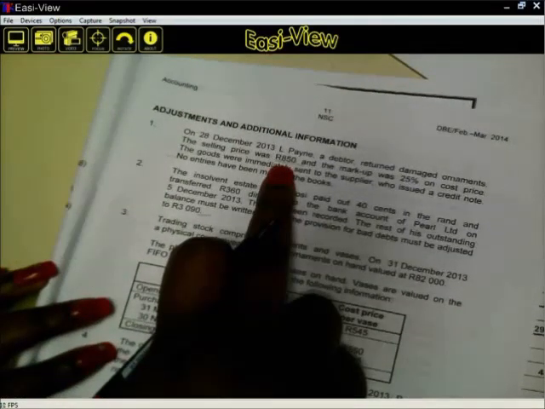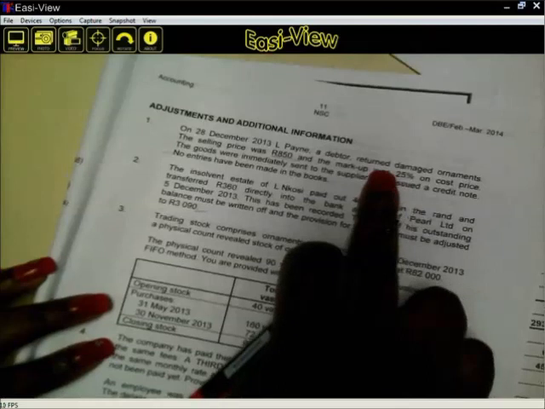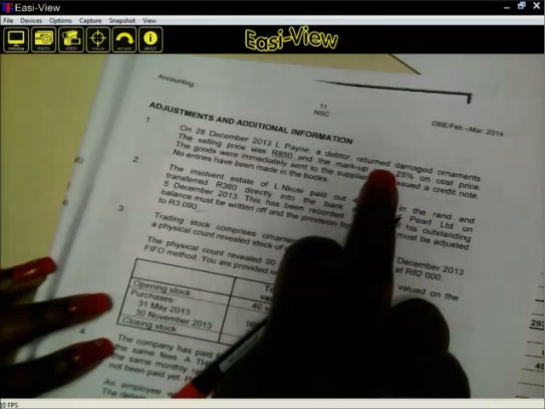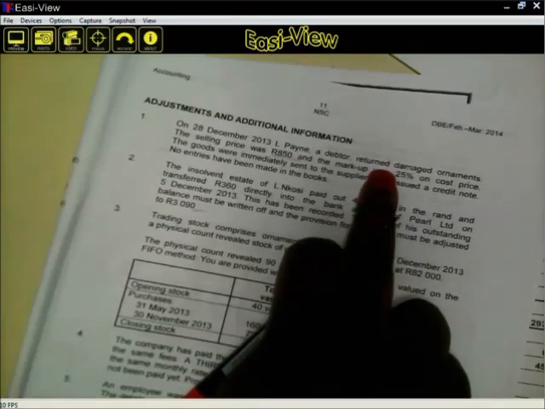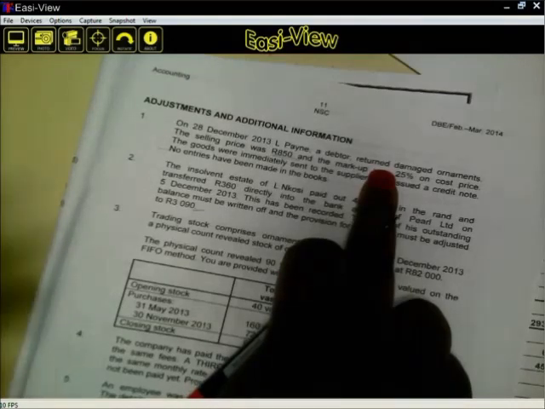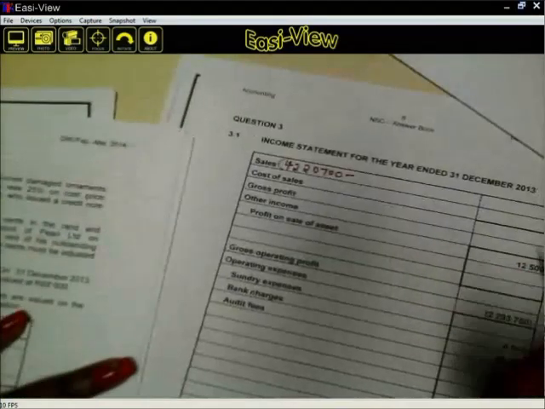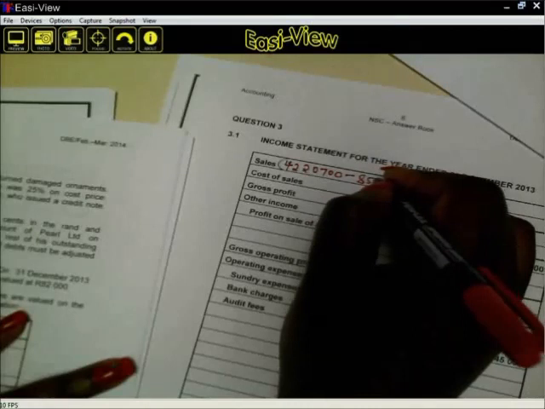Why 850? It's the returns. The returns, what do they do to our sales? They reduce our sales. That's why we must subtract. If you sold 5 apples and then 2 apples are returned, you're no more going to have the money for 5 apples. You're going to have the money for only 3 apples. That is what returns do to our sales. So we must subtract the 850.